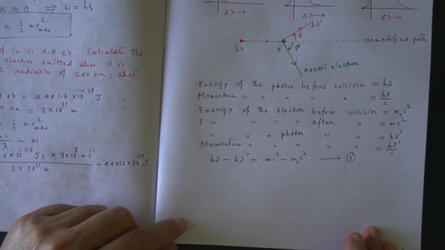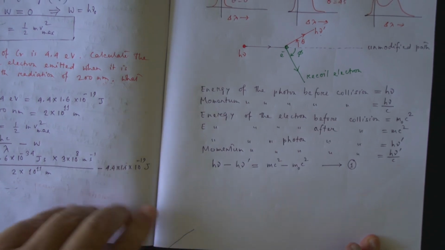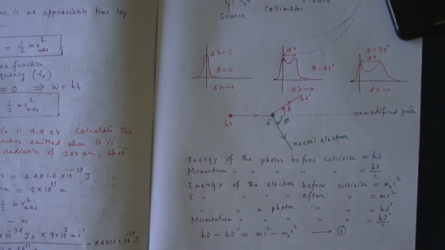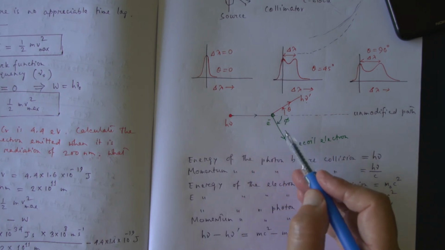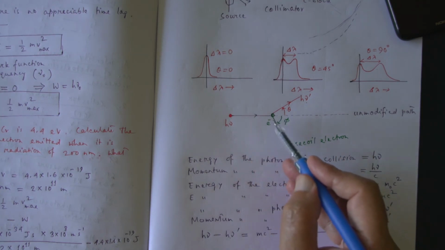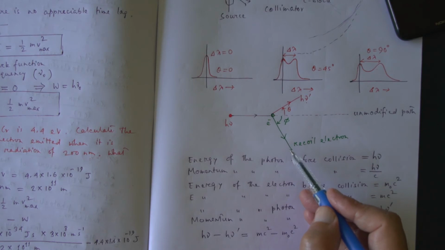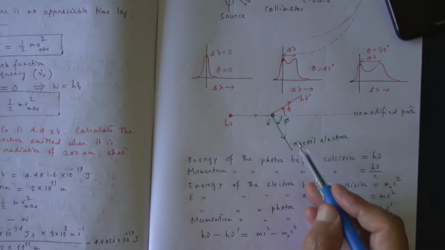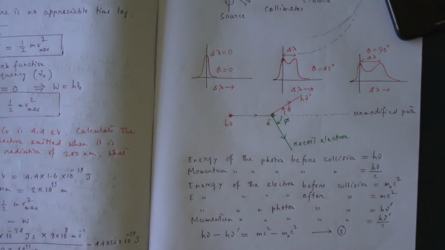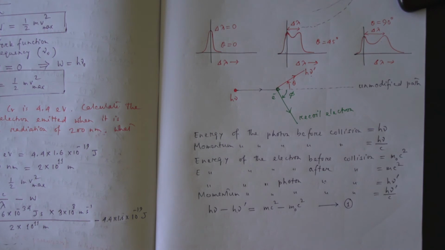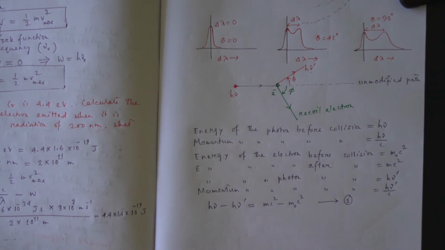Okay, but here you see we are talking about very high velocity of light, very high velocity of electron. So we have to consider that as velocity changes, mass also changes.